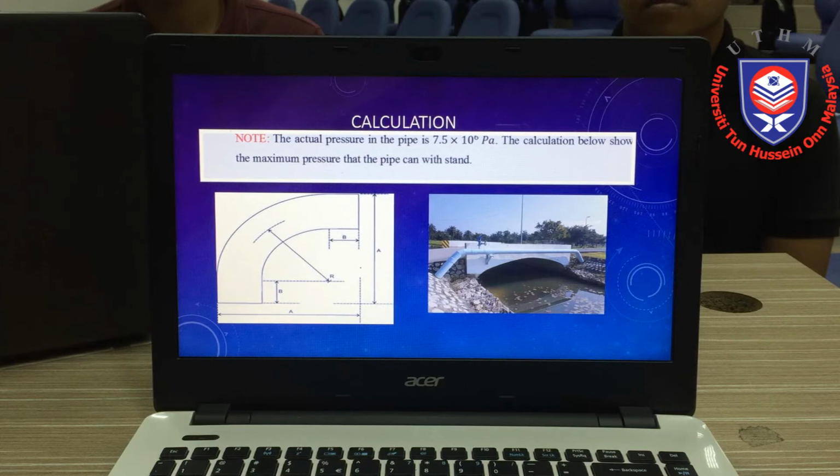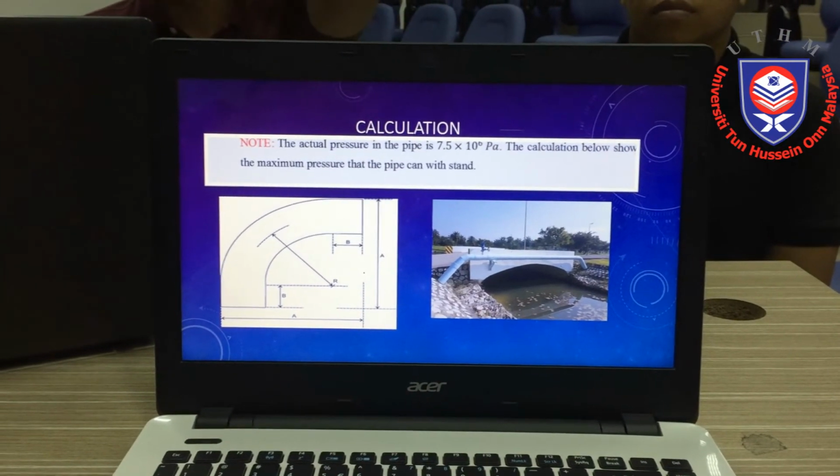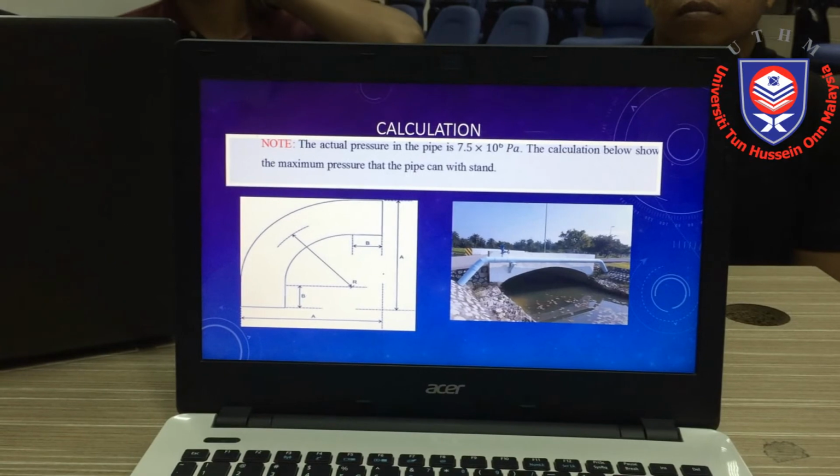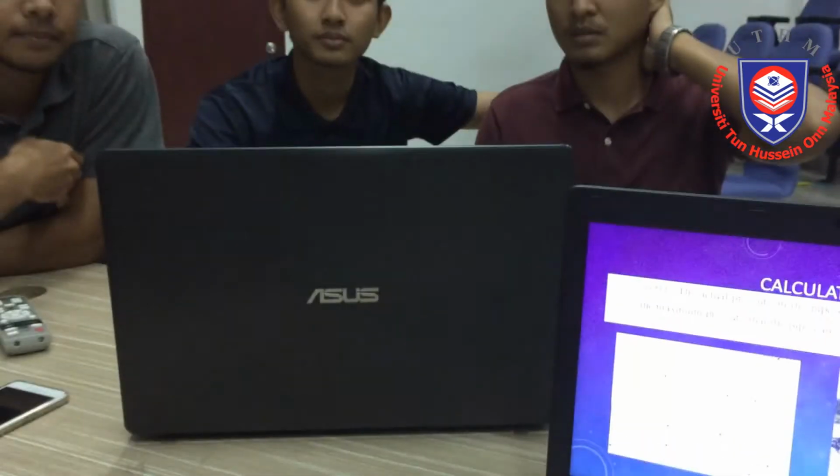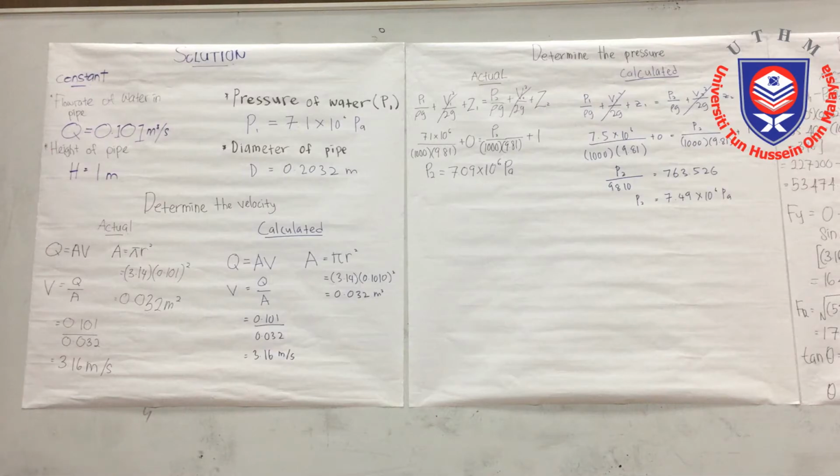Okay, first, we know the actual pressure in the pipe is 7.5 times 10 to the power of 6 Pascal. I will show you how we calculate the pressure in the pipe. Firstly, we find all the constant values in the pipe.